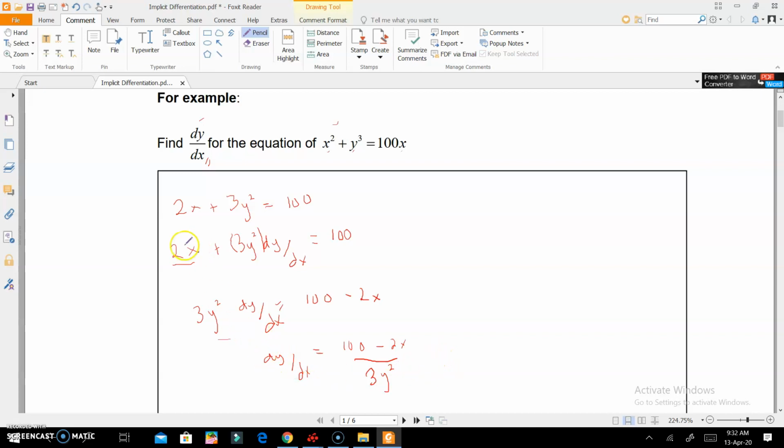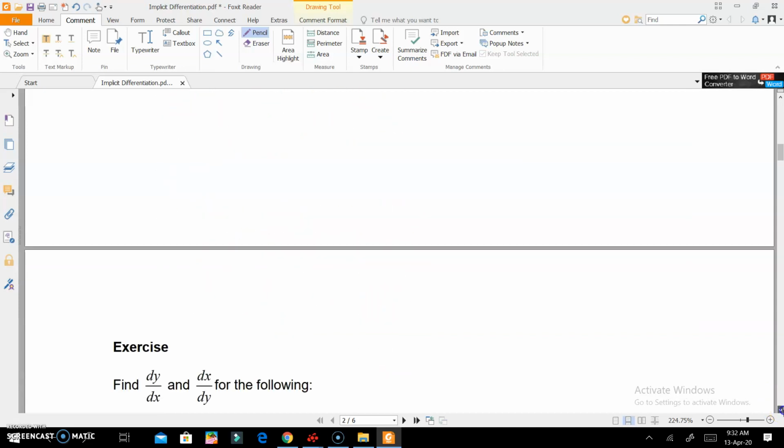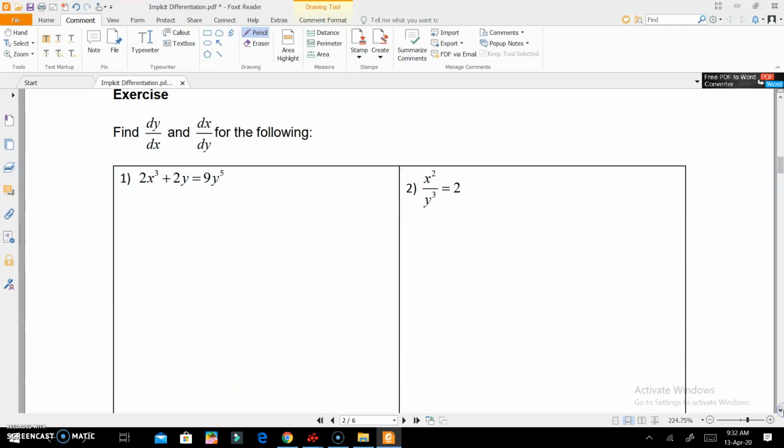So you already get what we were trying to find, which is dy dx. Then you just need to stop. You can pause the video and try to do it again without looking at the answer, or we can go to the exercise part here.